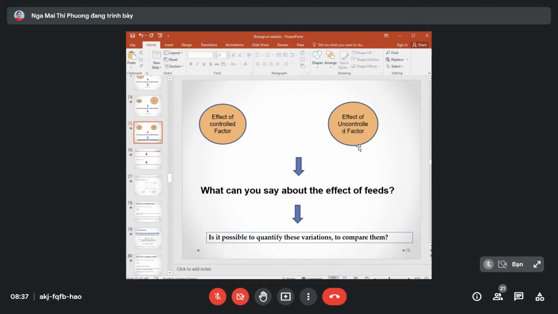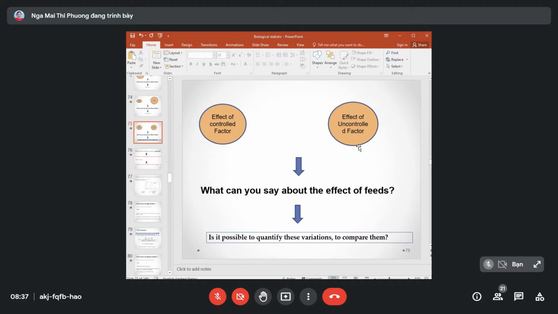Some chickens die. So at the end, the result they record is the number of 10 and 12 chickens laying eggs in each type of feed.